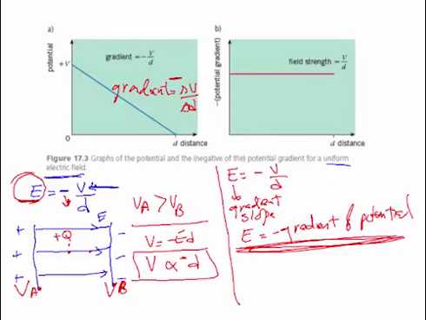So our electric field is minus the gradient of the potential. This is the gradient. And electric field is minus the gradient of potential, because here we are going to get a negative gradient.